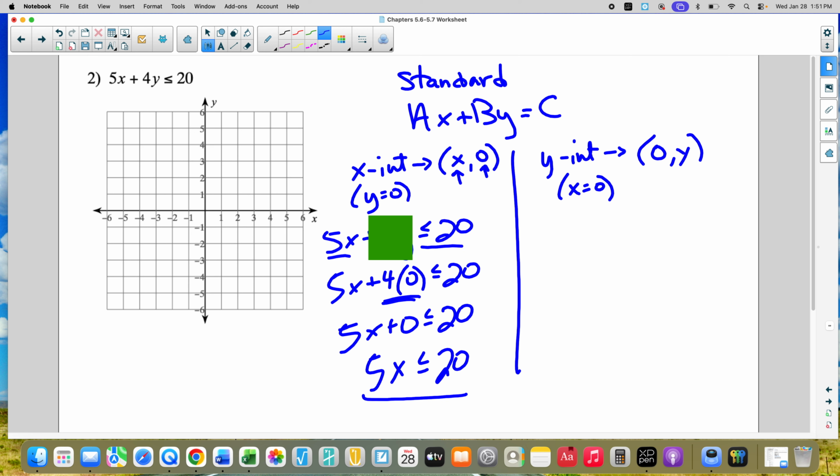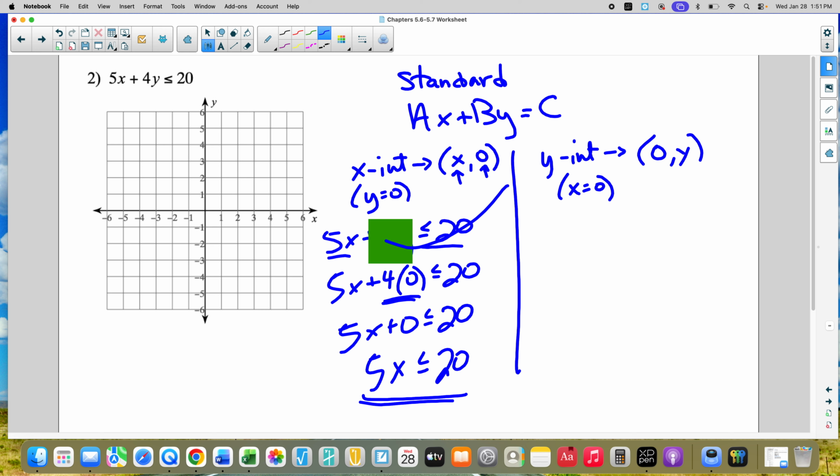So I don't have to plug in the 0. I know all of this is already going to eliminate this term. When I find the x-intercept, I know the other term is going to go away, so I can go straight to this line down here and then solve it.